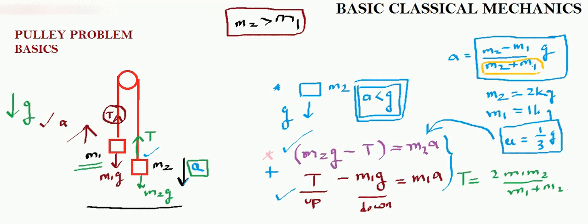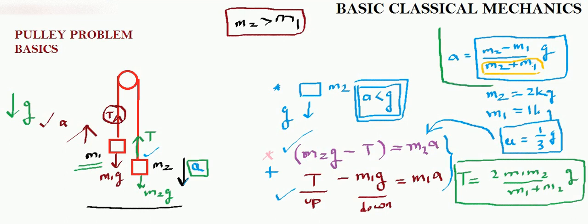Right? Amazing, right? So this is the value of the tension, and this is the value of the acceleration with which the entire pulley system is going down.